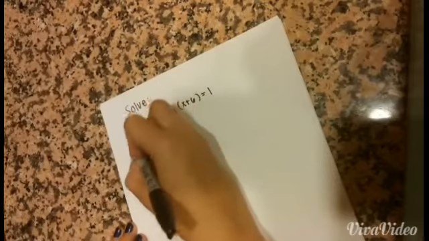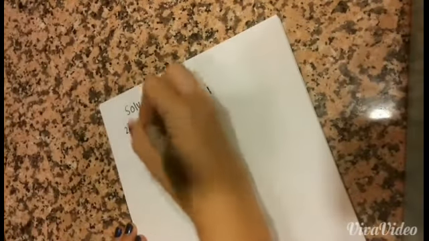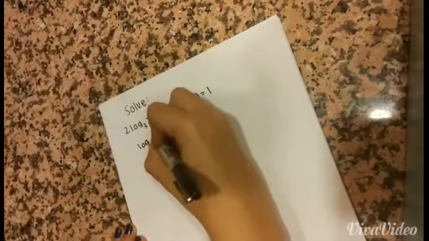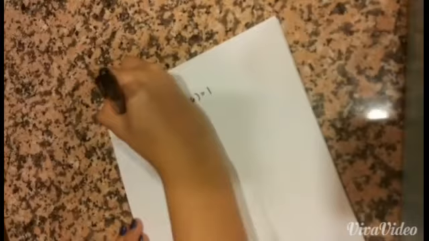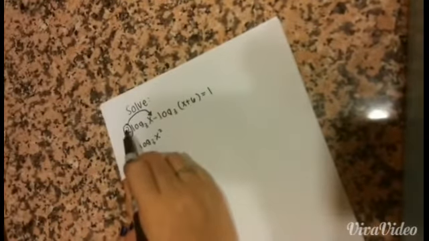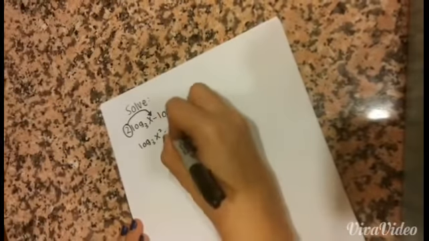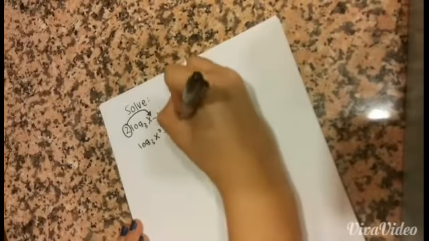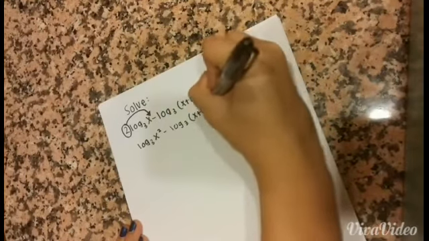So log base 3 of x squared. I basically just move this 2 over here, and then minus log base 3 of x plus 6 equals 1.